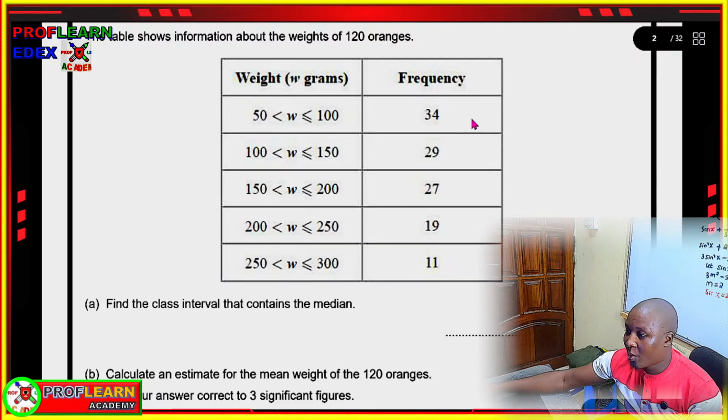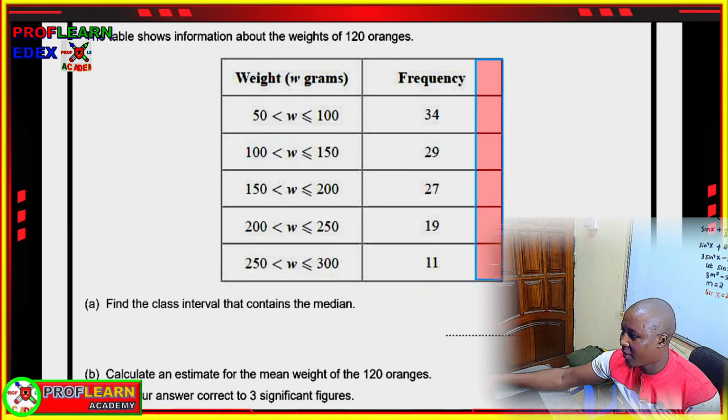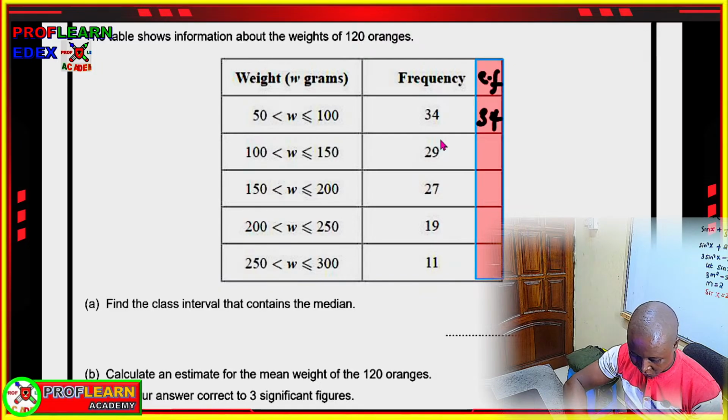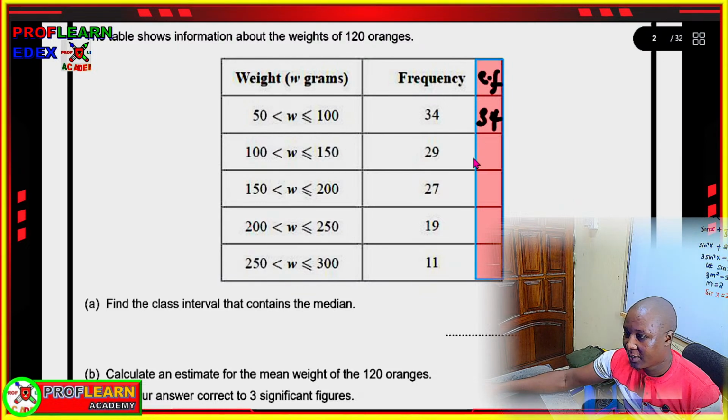Suppose we want to have our cumulative frequency, CF. This is going to be 34. The next will be 34 plus 29, that's going to give us 63.